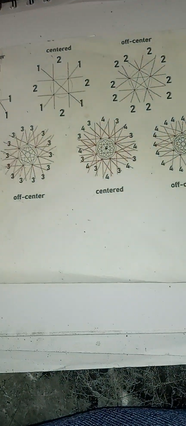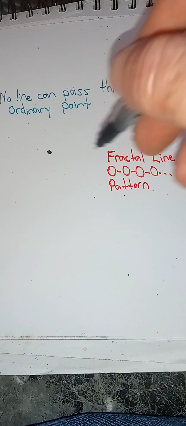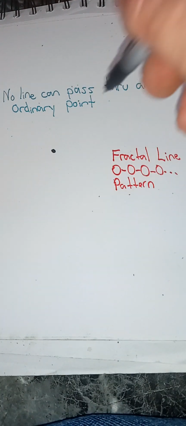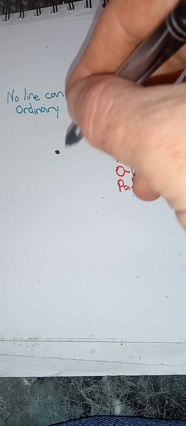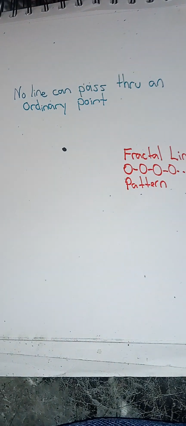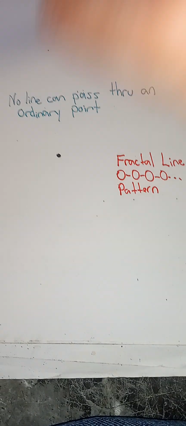So that would leave a point, an ordinary point, as 0 0 0 0. That's next beyond 1 0 1 0. So on an ordinary point, no lines can pass through it. And that's why I call for fractal points.